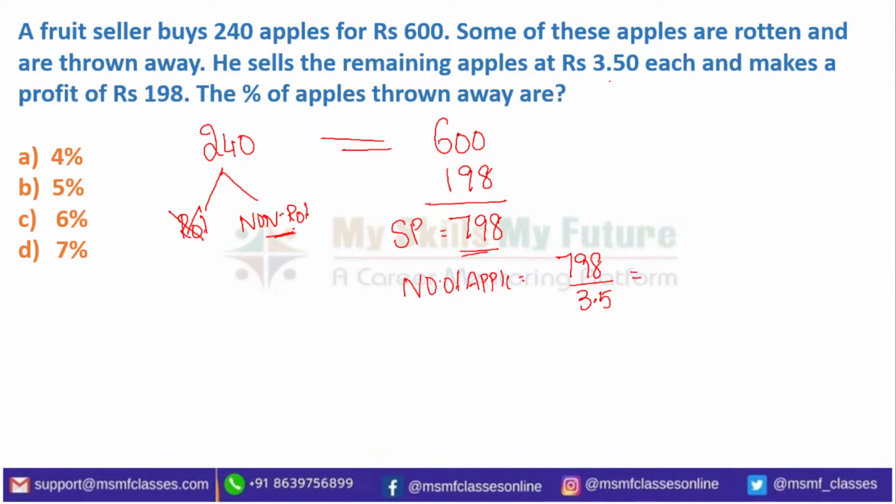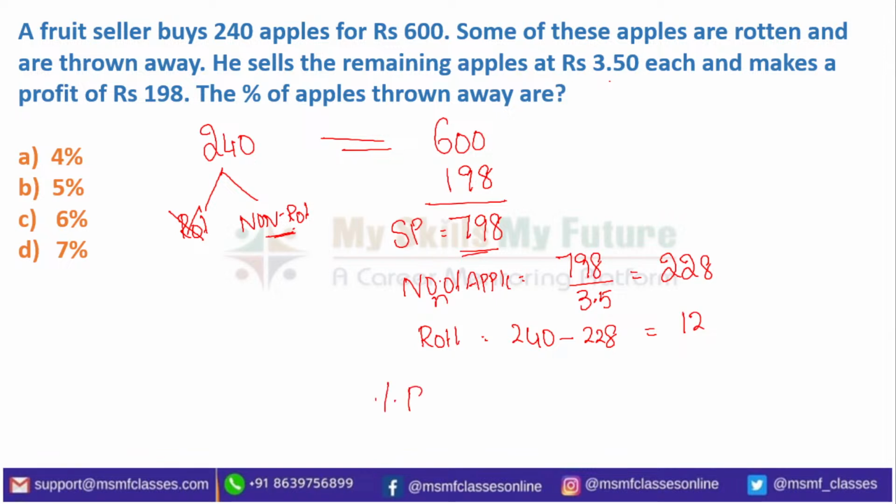798 divided by 3.5 represents 228 apples are non-rotten. In case rotten apples are needed, 240 minus 228 indicates 12. 12 apples are rotten. We want percentage.